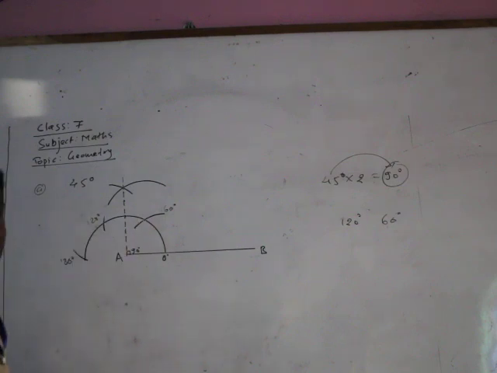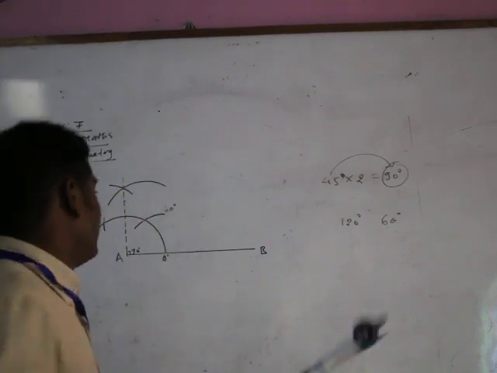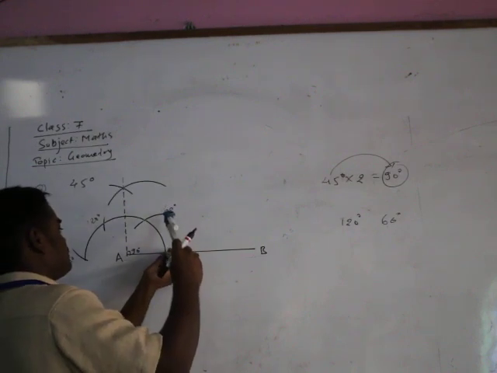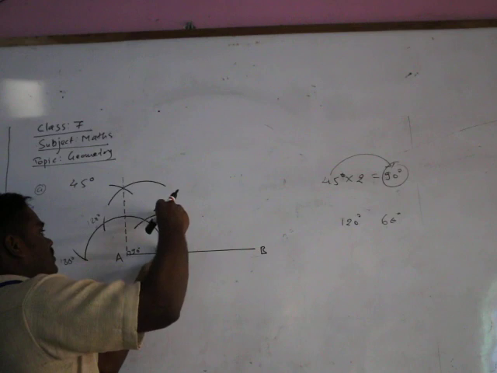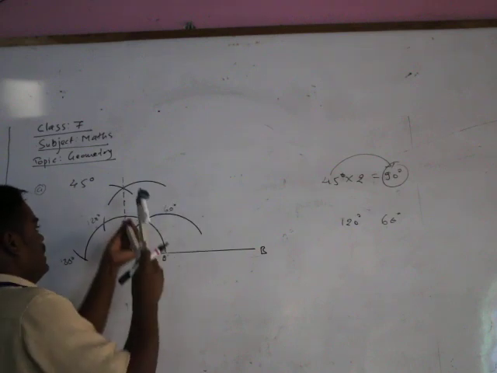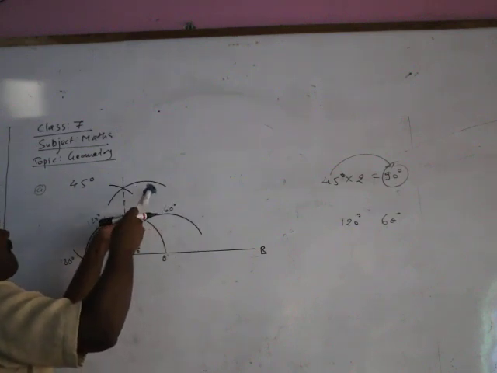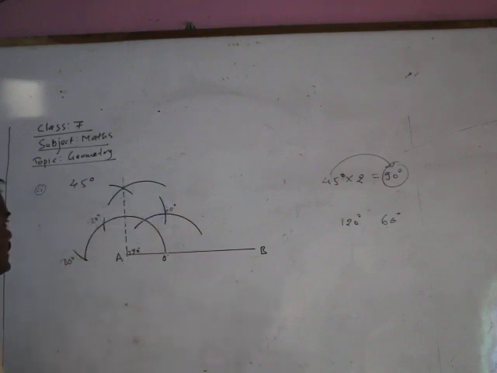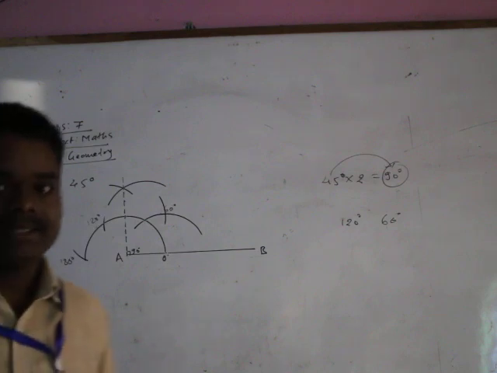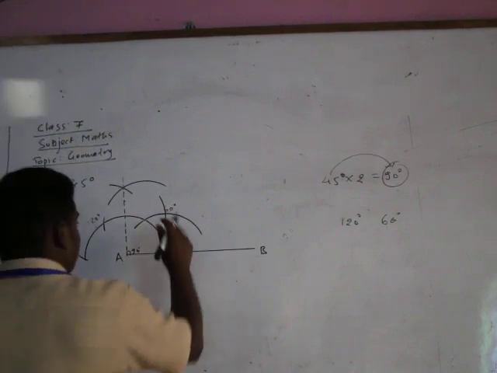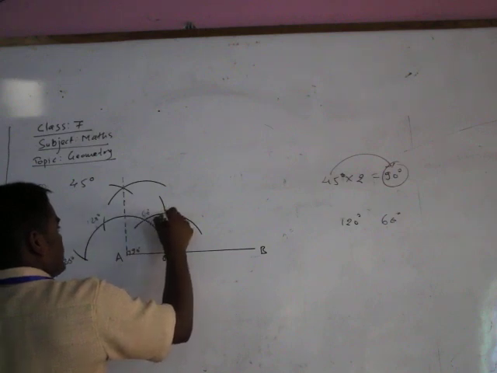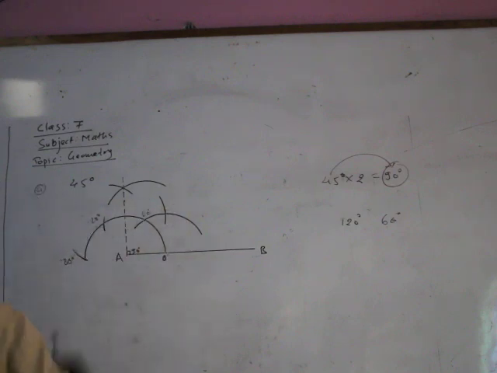With the same compass, this is a chord, 0 degree like this, and from 90 degree like this, intersected. This intersecting point of both is the point of the angle of 90 degree.